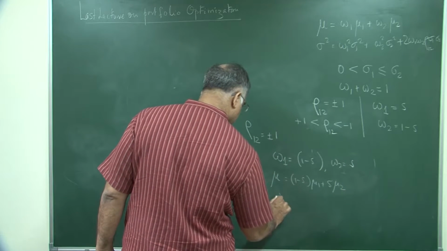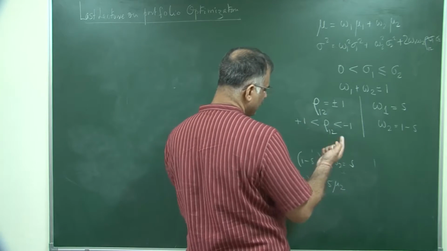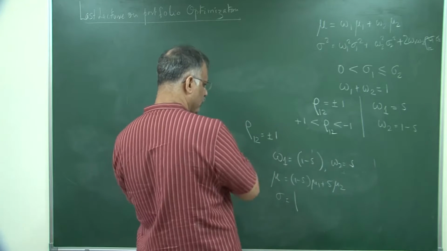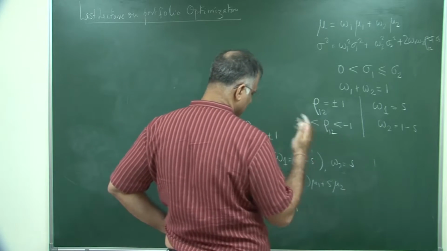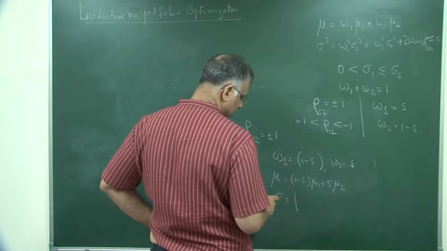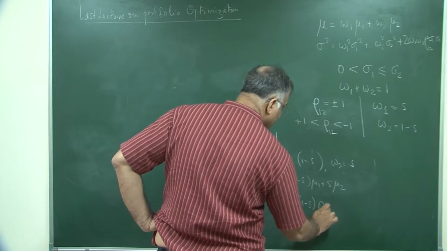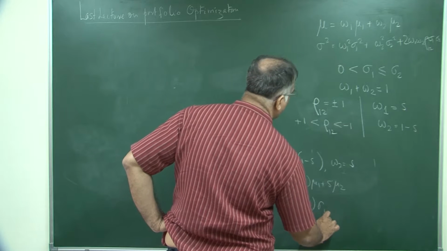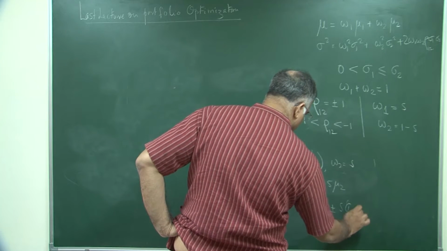It is just a shift, nothing else. Only then the things would be slightly different, because basically we want mu 2 to be bigger than mu 1 when we draw the diagram, that is the reason for all this change. So, sigma will become 1 minus S sigma 1 plus minus S sigma 2.